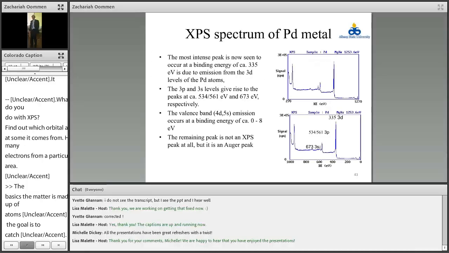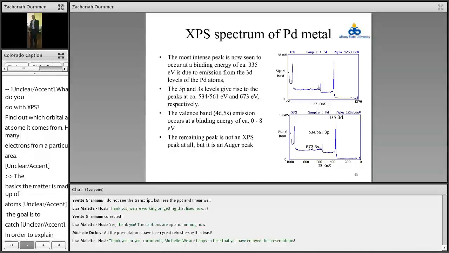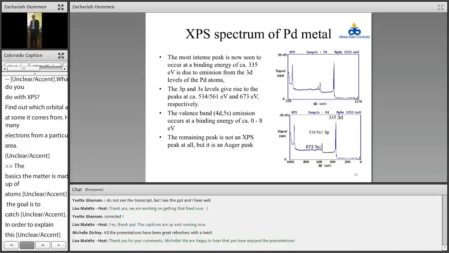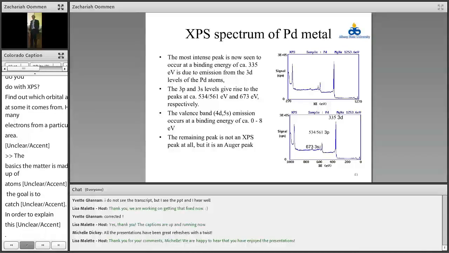In order to explain this one, I have an XPS spectrum for palladium metal. You can plot either kinetic energy versus electron signal or binding energy versus electron signal. Here we have several peaks, and each peak represents an electron peak. It also says from which orbital that electron is coming.